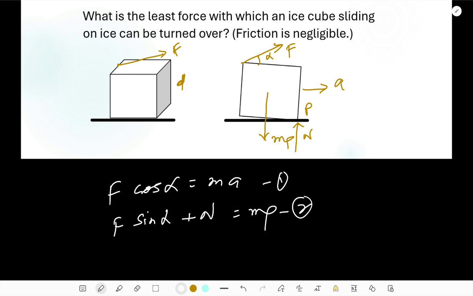Now we can write the equations of the various torques. There are forces acting at different points of this cube, and they can produce torque, and since rotational angular acceleration is neglected, the net torque on it will also be equal to zero.